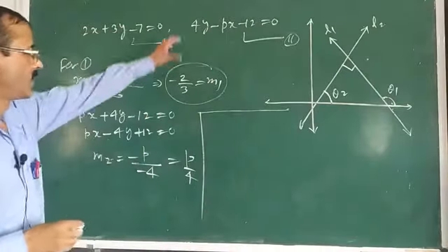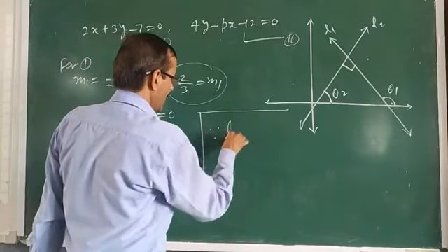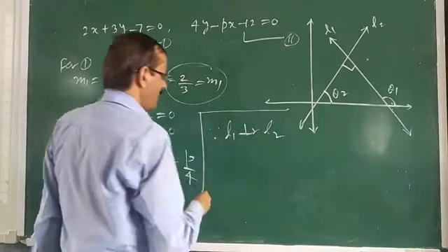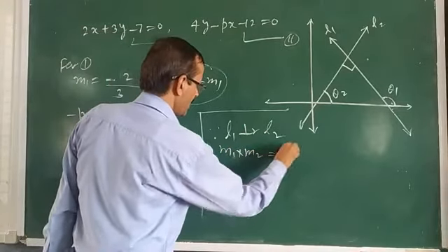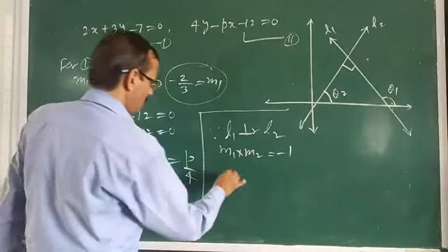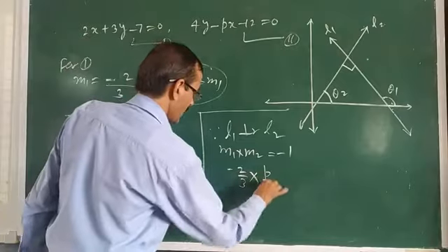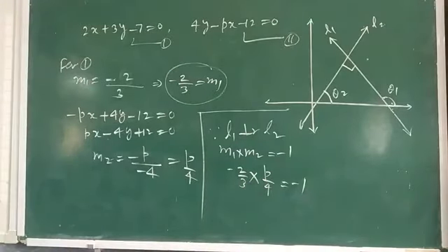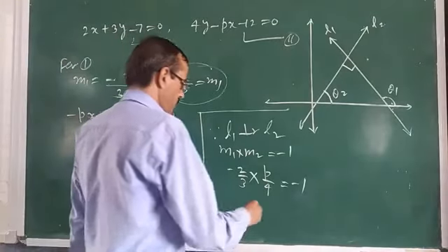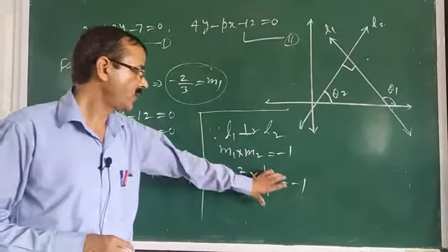Now, because the lines are perpendicular, since L1 is perpendicular to L2, m1 into m2 is equal to minus 1.